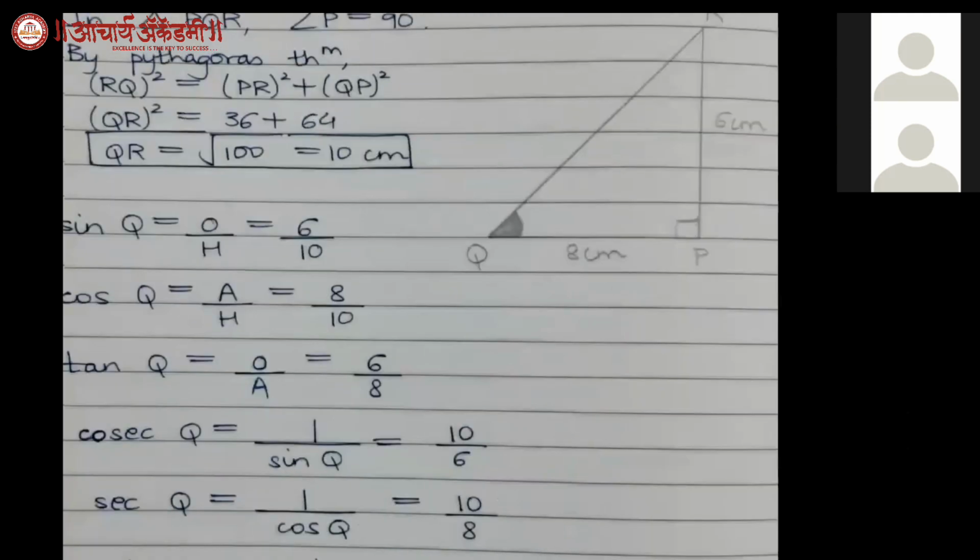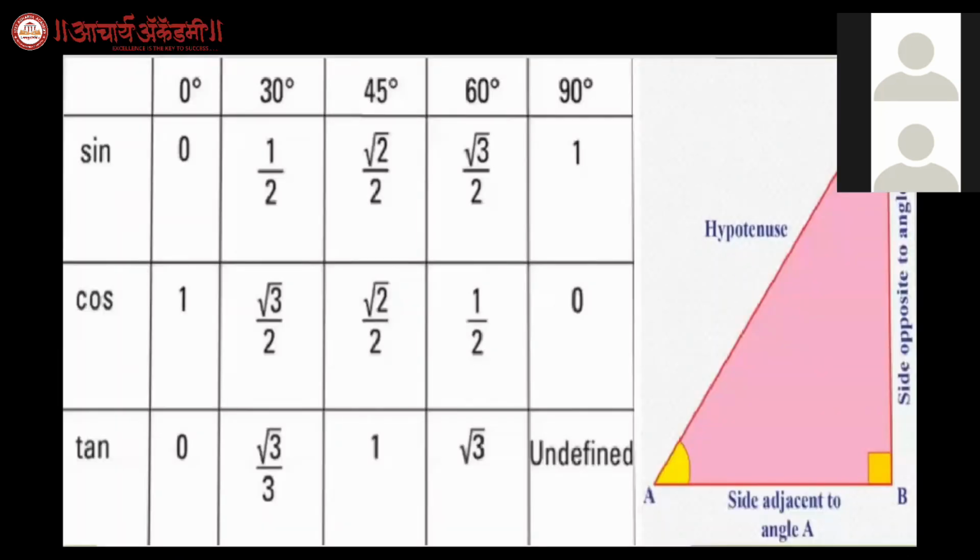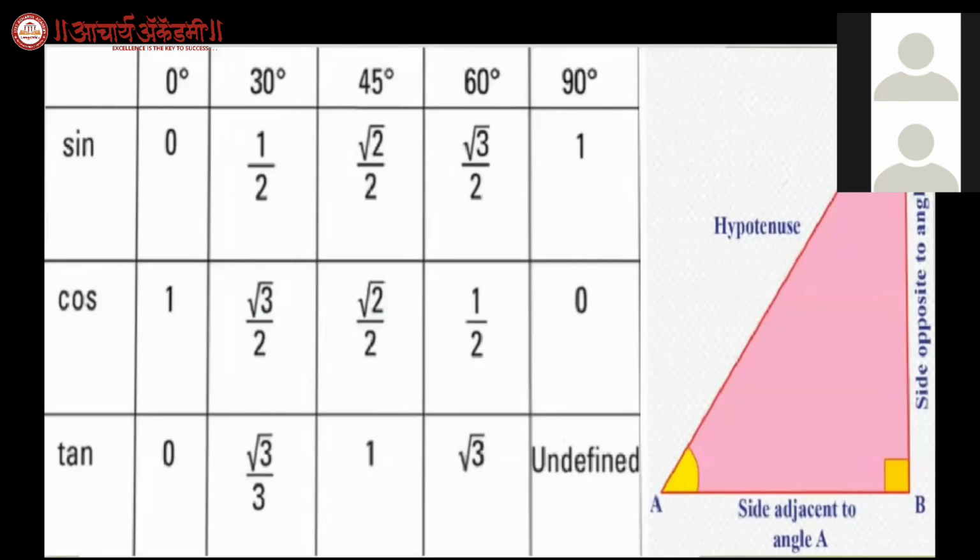So here is an important table for the values of trigonometric ratios. Most of them find this table difficult to learn, but it is quite easy to learn. The value of sin 0 degree is 0. The value of sin 30 is 1 upon 2.